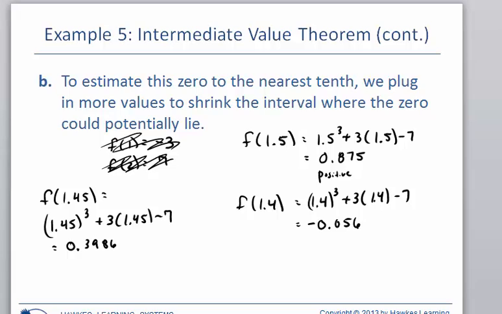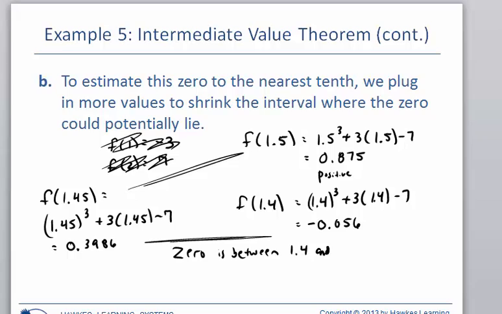Okay, so what does this tell me? This tells me that my 0 is not in between 1.45 and 1.5, because they're both positive. But it is in between 1.4 and 1.45 because here we have a sign change. So I can conclude that my 0 is between 1.4 and 1.45.